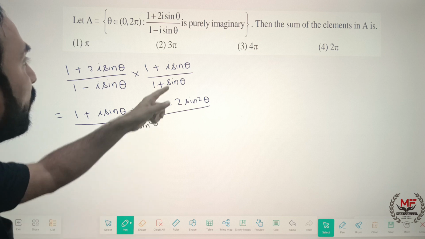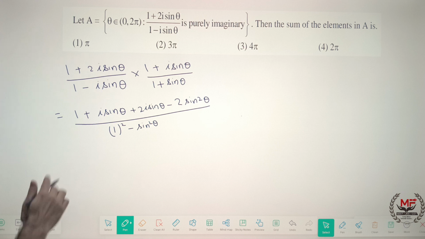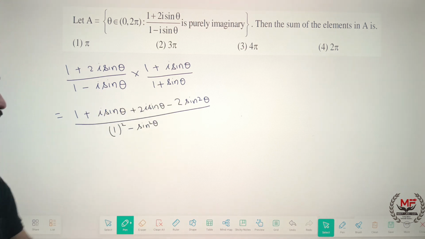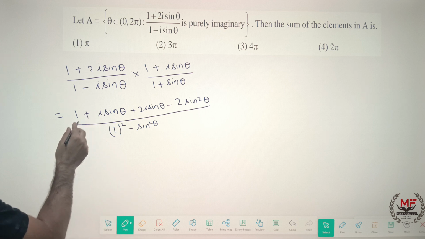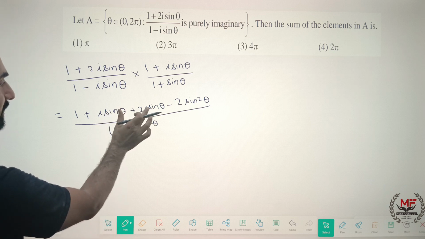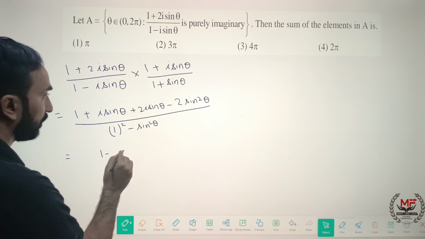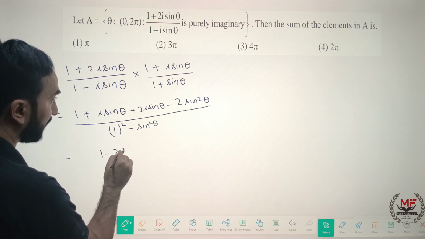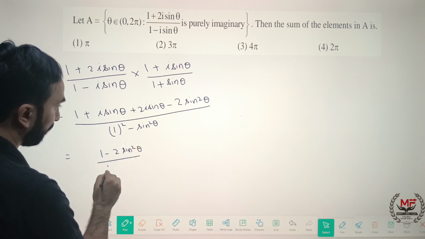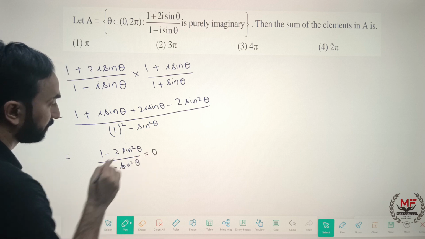Now what we can see is that it is mentioned that this fraction is purely imaginary. So we can equate the real part to 0. The imaginary part is 1 plus 2i sin theta terms, and the real part that we got is (1 minus 2 sin square theta) divided by the denominator, equal to 0.